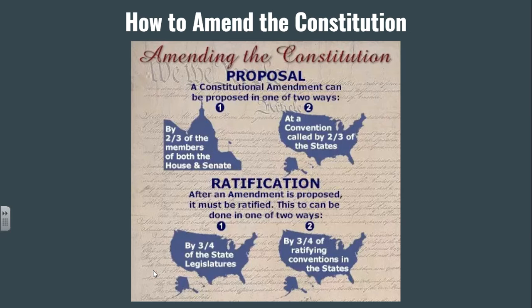What they're saying is you're getting even closer to the people as you're doing this, to make it more the idea of we the people. So when you have 2/3 of the House and Senate approve it, and then it goes to state legislatures, those in Columbus would be voting on this, those that represent us there. That's how you amend the Constitution.